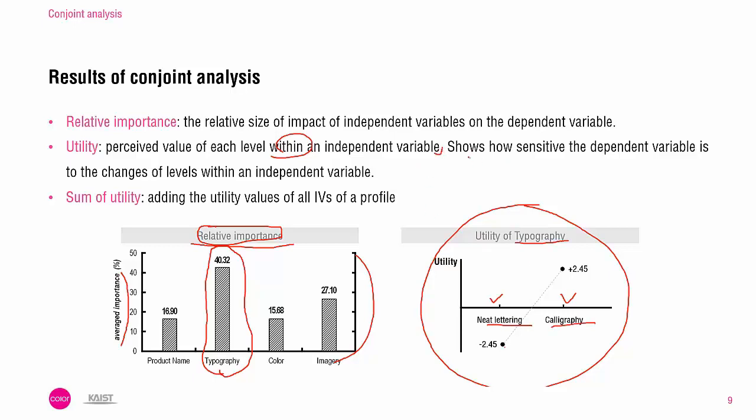And this utility chart shows us how sensitive the dependent variable is to the changes of levels, so to the changes of levels from here to here within an independent variable. And the sum of utility is adding the utility values of all independent variables of a profile. And we can compare the sum of utility of a profile A with the sum of utility of a profile B.